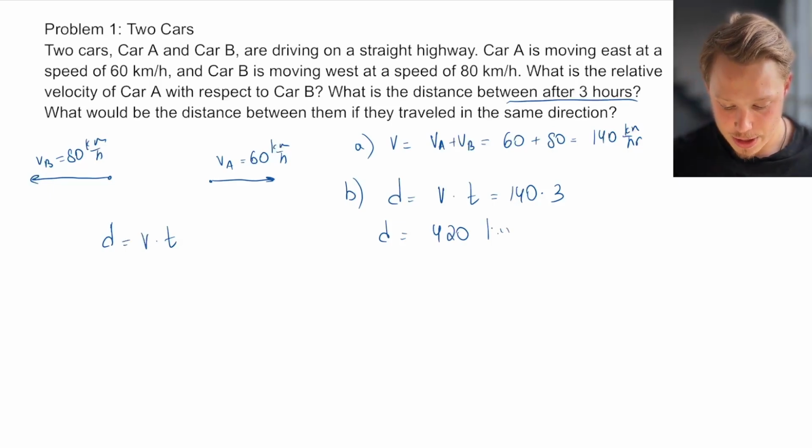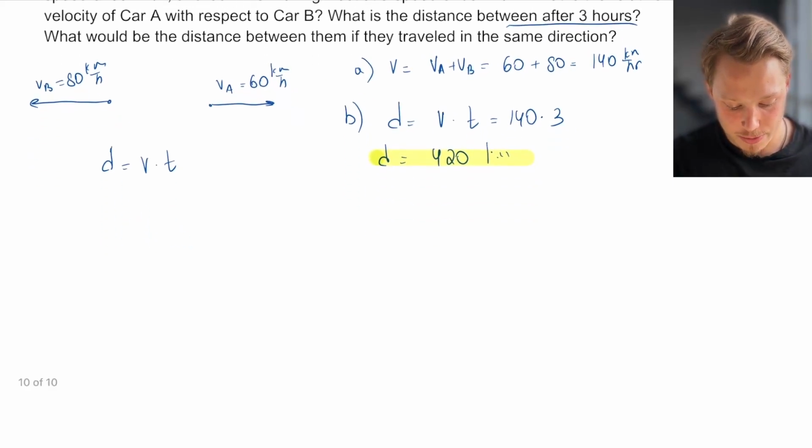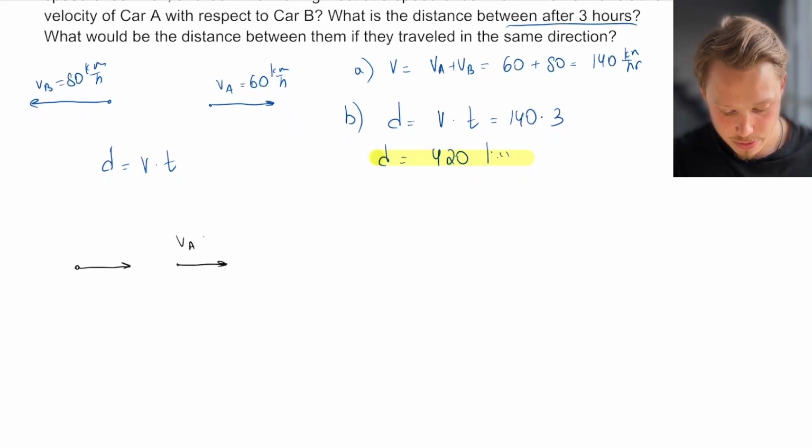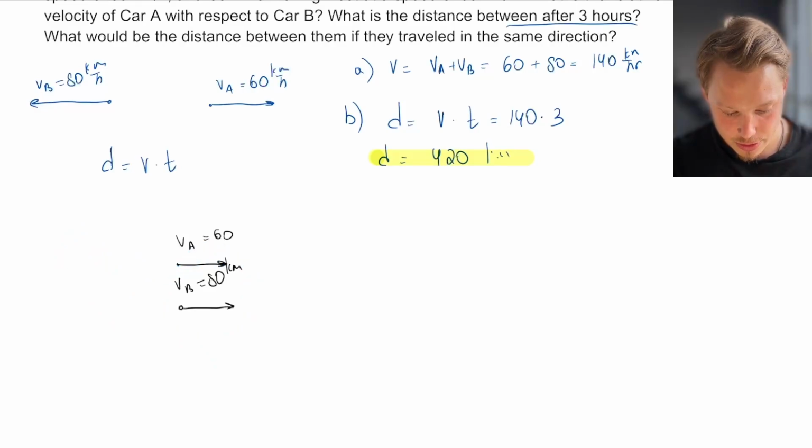Perfect. Any questions? Finally, let's talk about what if they traveled in the same direction. What would be the distance between them? Let's say they started from the same position and they traveled in the same direction.